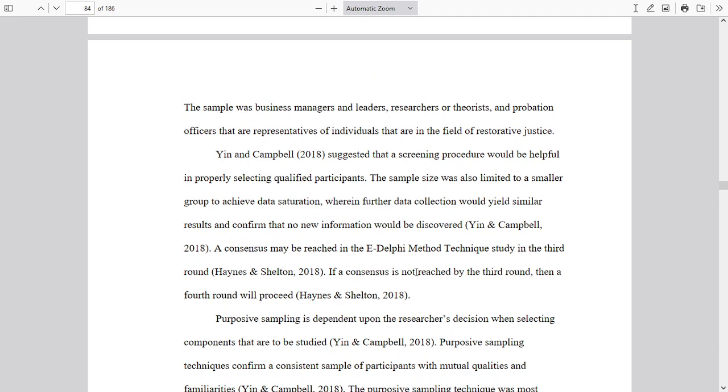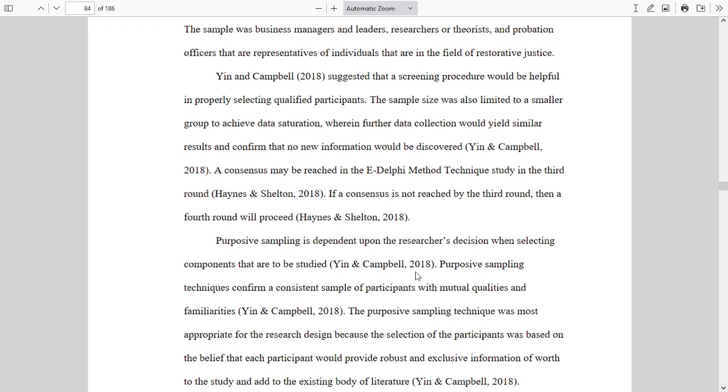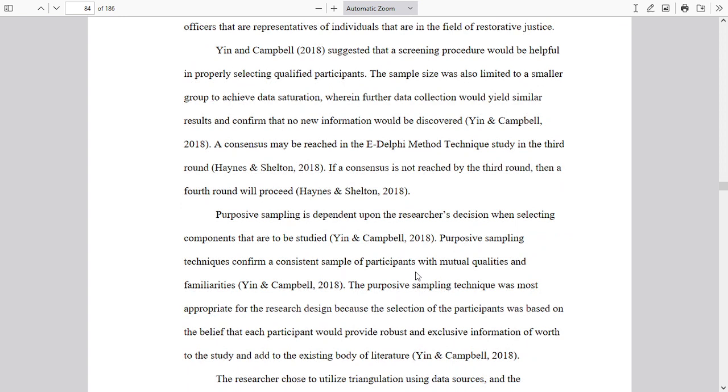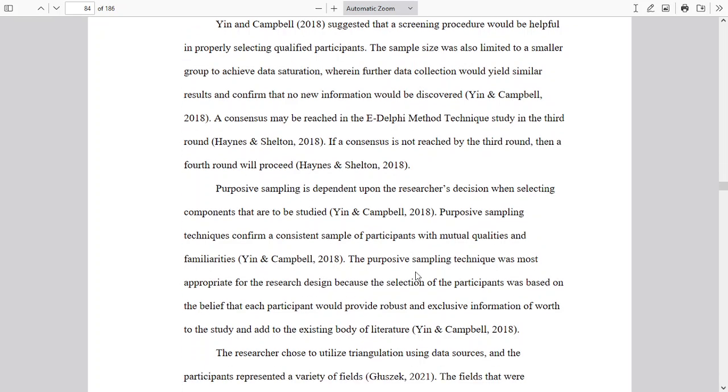Not going to go on to explain any of that. I did purposive sampling. In other words, my sampling was not at random because I'm doing experts, so I was allowed to basically choose my participants.